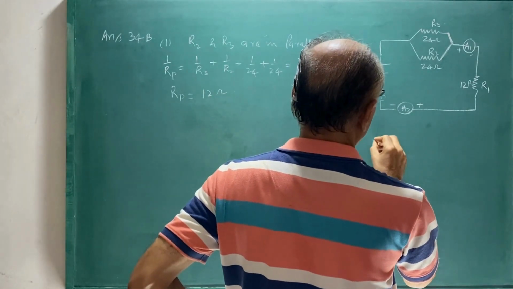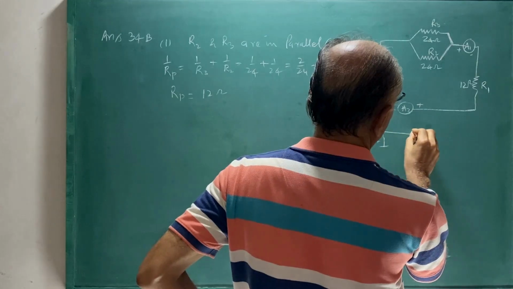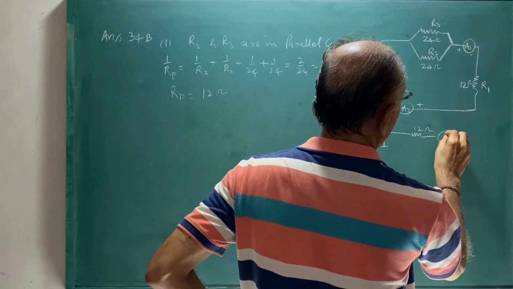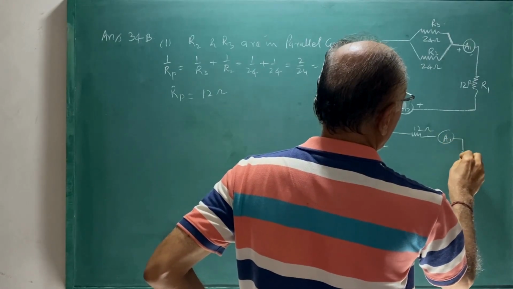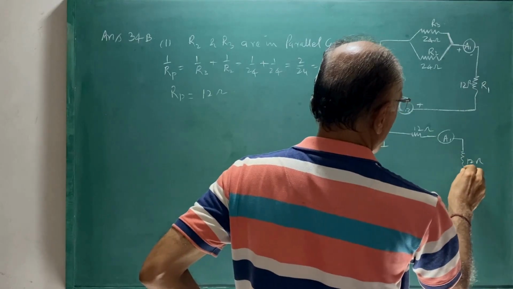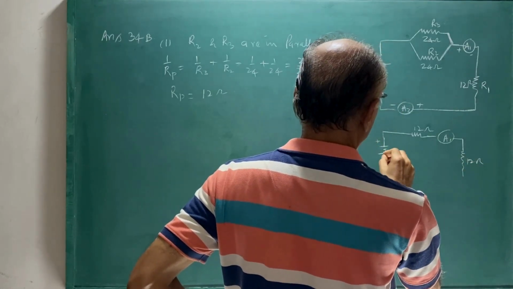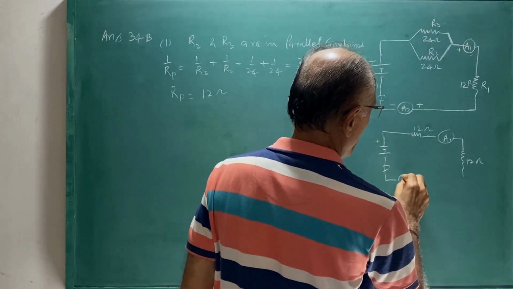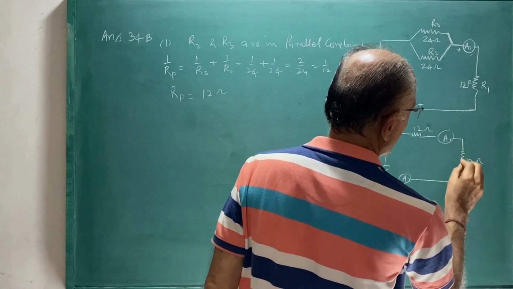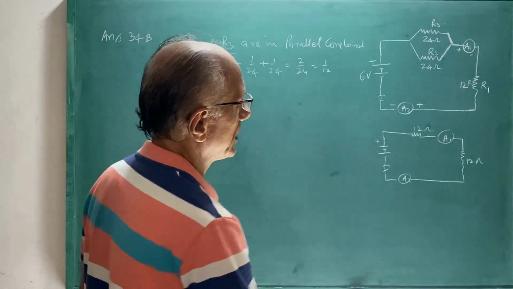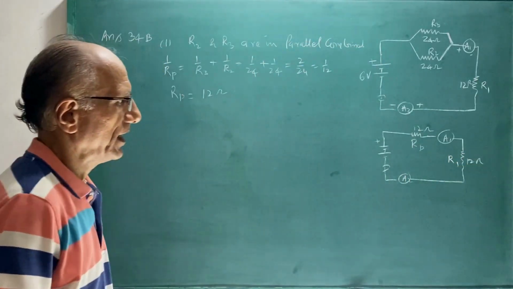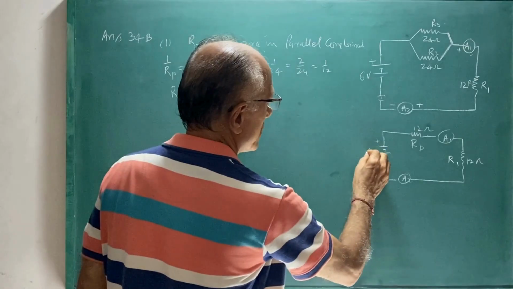Now we can draw the equivalent circuit as here: 12 ohm, then A1, then 12 ohm, and here A2, and this way. So here it is Rp and this is R1 and this is 6 volt.